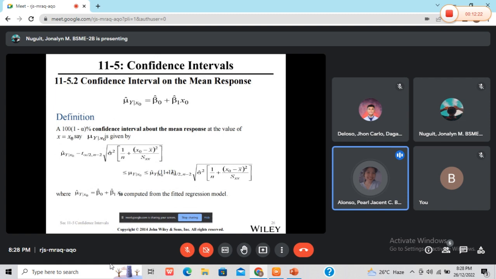So, the confidence interval on the mean response is where mu hat sub y given x sub 0 is equal to beta hat sub 0 plus beta hat sub 1 multiplied by x sub 0. So a 100 multiplied by 1 minus alpha percent confidence interval is about the mean response at the value of x equal to x sub 0.